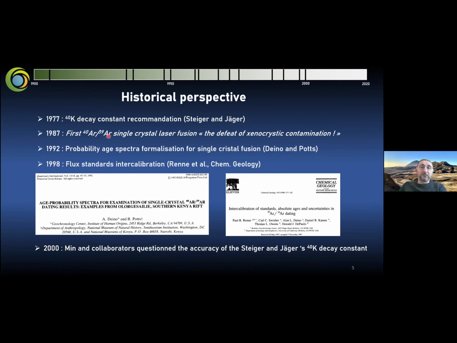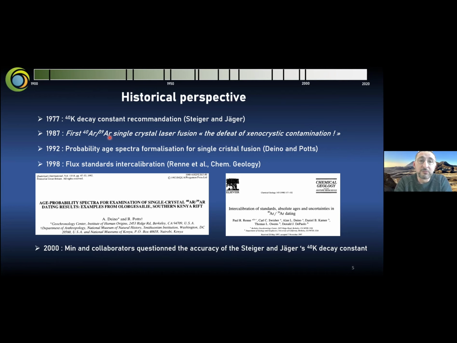In 87, with the improvement of laser ablation and the precision of measurements, the first argon-argon dating on single crystals was published, and this is what they call the defeat of xenocryst contamination. I will show you that this xenocryst contamination could become a problem in some cases.